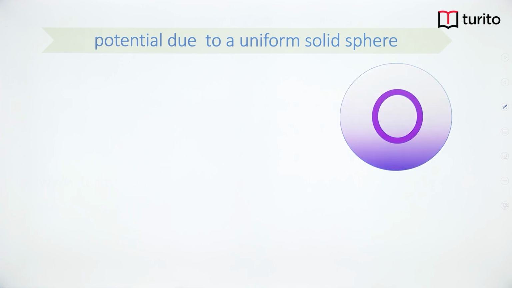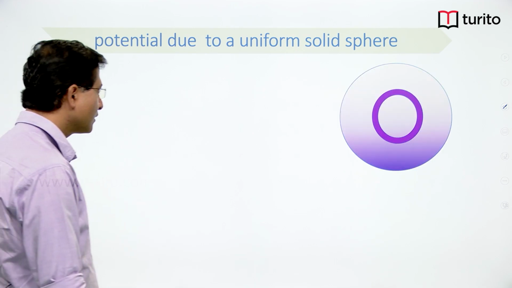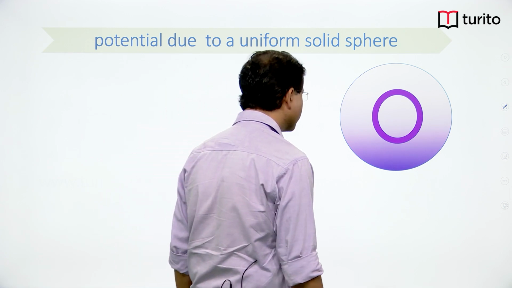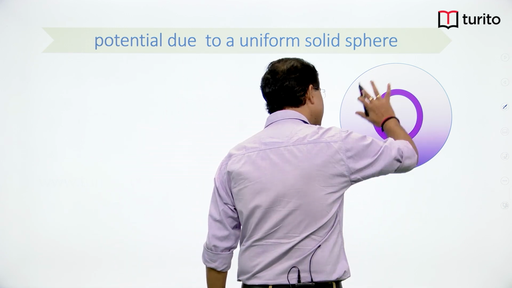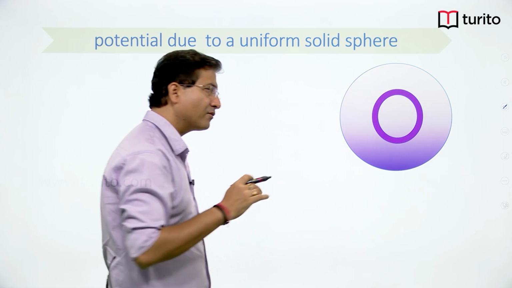Let us take solid sphere. In a solid sphere, there is a field inside and that varies linearly.